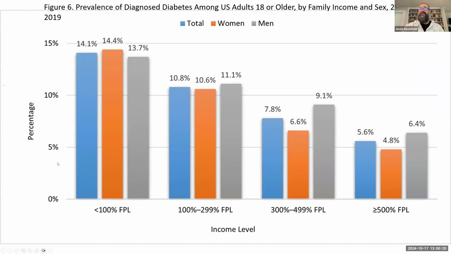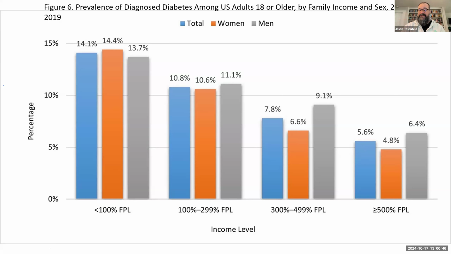On your x-axis, you have income level: less than 100% of the federal poverty level, 100 to 299, 300 to 499, greater than 500%. And then your color of your bar graphs: total, orange is women, gray is men. A lot of data packed into here.